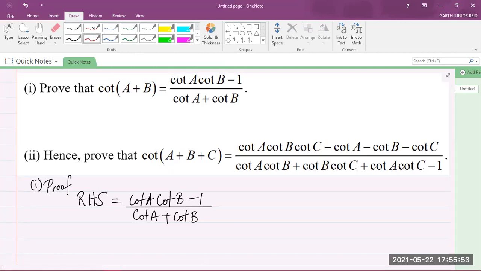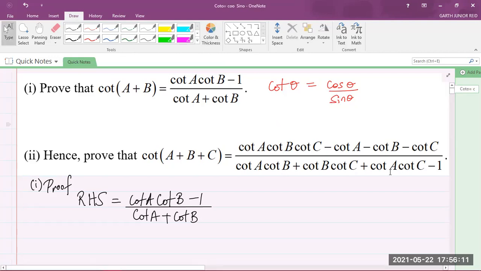Now you should know that the cot of any angle, let's call it theta, is equal to the cosine of the angle over the sine of that angle. That's a basic trigonometric identity you should know.